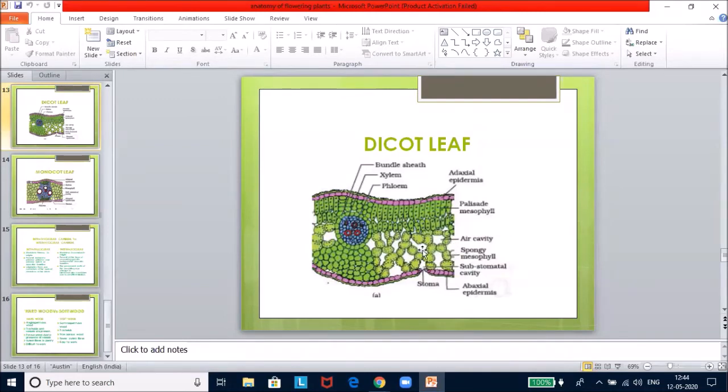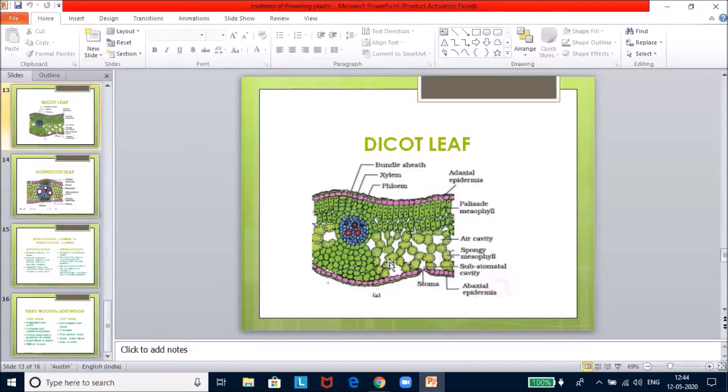And here you find round circular structures, and these are called the spongy parenchyma or spongy mesophyll cells. This palisade parenchyma has got photosynthetic pigments, and hence it helps in photosynthesis. Spongy parenchyma has a lot of air spaces, and this helps in gaseous exchange.